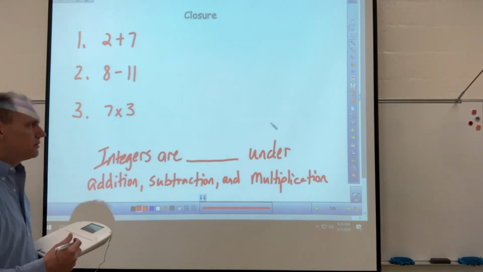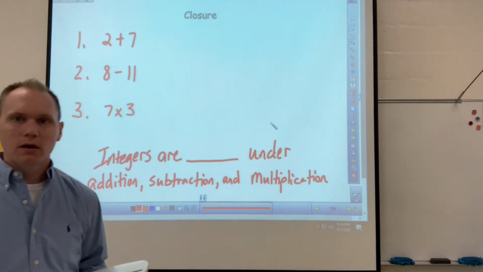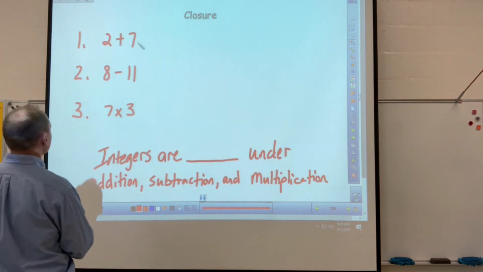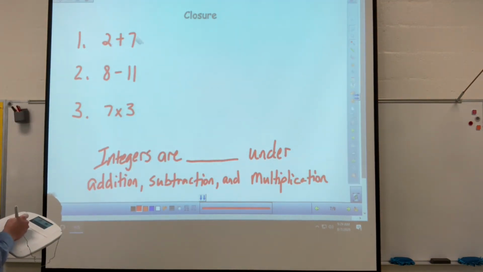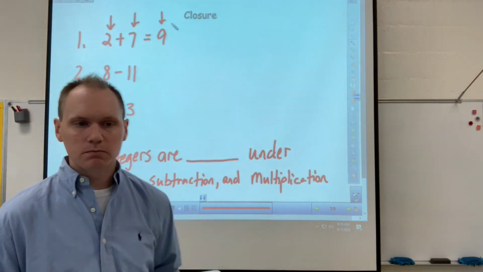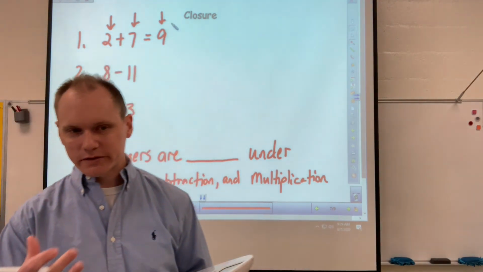So this idea of closure is what we call that. So let's start with integers and show that integers are closed. So when we add two integers, 2 plus 7 equals 9. So this is an integer plus an integer equals an integer. Remember, an integer is what some people call a whole number.